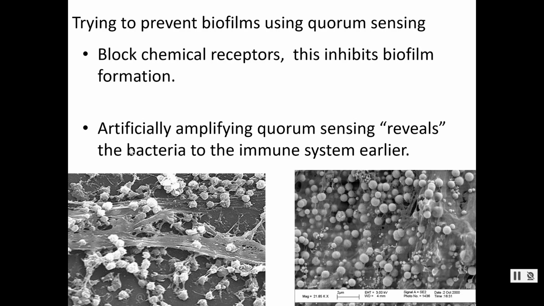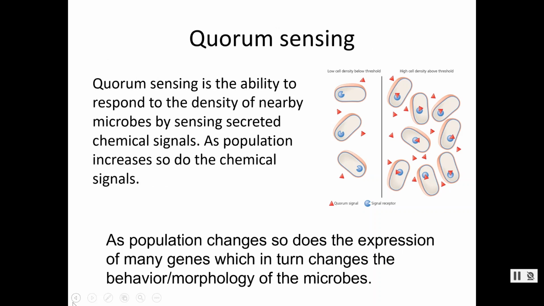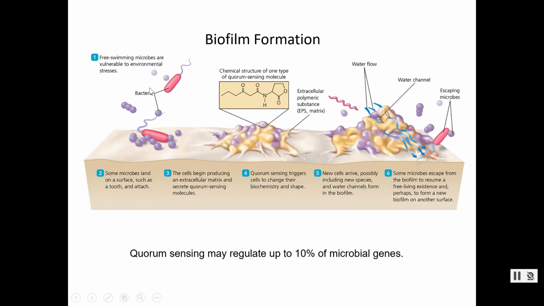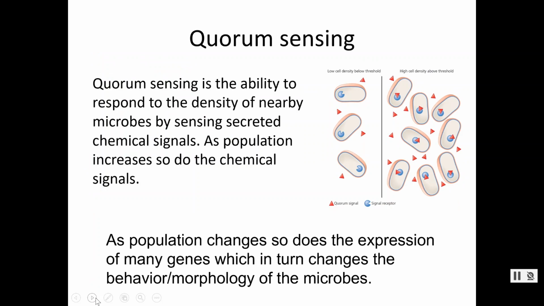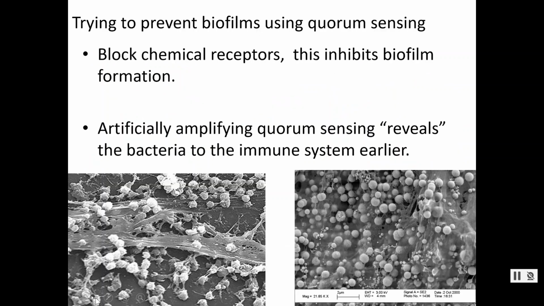So he ends up, and I'll go back to the last picture, he ends up living by himself like this, because he doesn't know that there's a whole bunch of bacteria surrounding him. His chemical receptors are blocked, and so he does not form a biofilm. Individual bacteria, easier to get rid of than a biofilm. All right, so that's one category, one way we can use that. We can keep an individual bacteria thinking he's by himself by blocking those receptors.